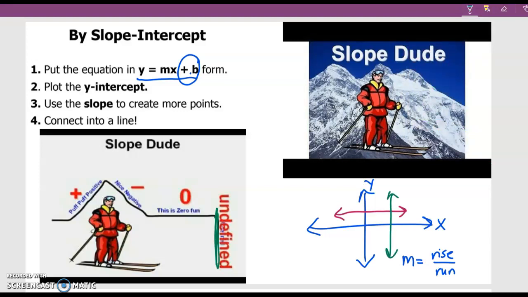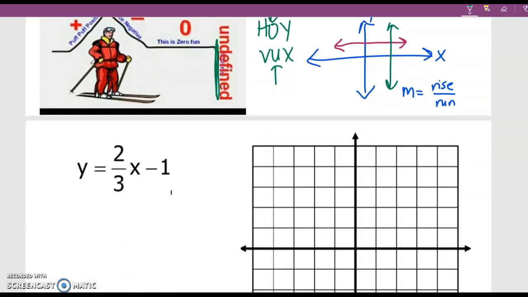We'll talk about this a bit more in a second, but to jog your memory, when I taught you this, I taught you the acronyms HOY and VUX. Start thinking about that. I'll bring it back up in a few minutes when we get to horizontal and vertical lines, but that's going to help us remember slope is 0 with horizontal and slope is undefined with vertical.